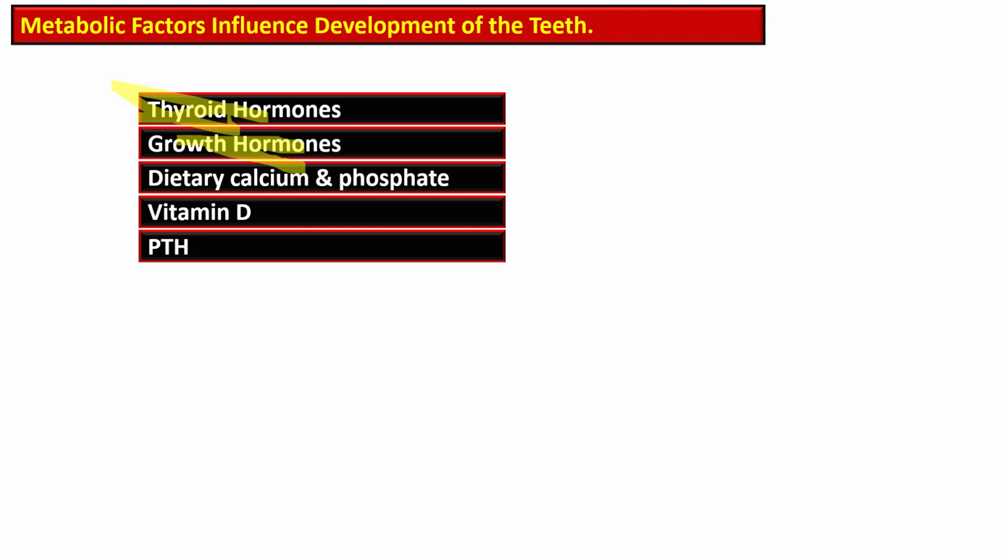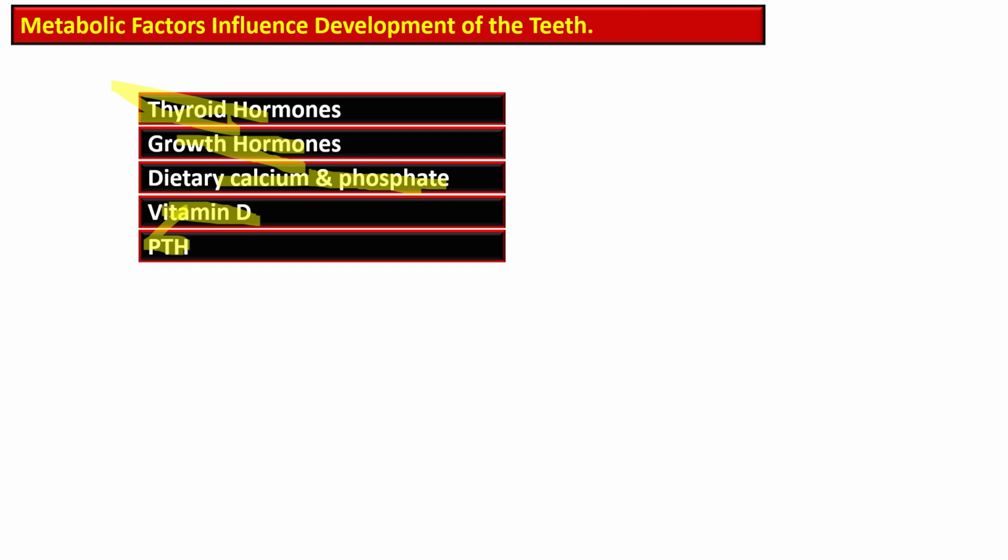The mineral and vitamin influence, calcium and phosphate, is also there, and it is essential for deposition of salts in early forming teeth. Vitamin D, as we know, facilitates calcium and phosphate absorption, promoting healthy calcification. The parathyroid hormone regulates the calcium phosphate balance, indirectly affecting the tooth mineralization.